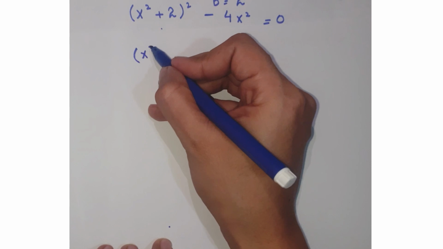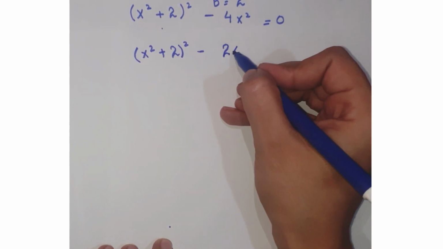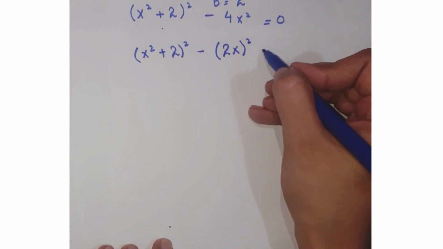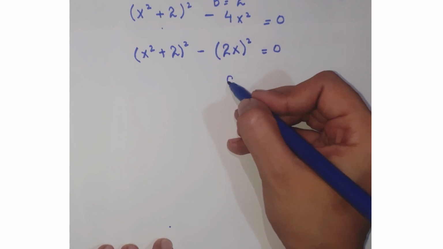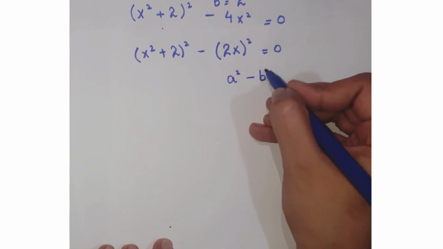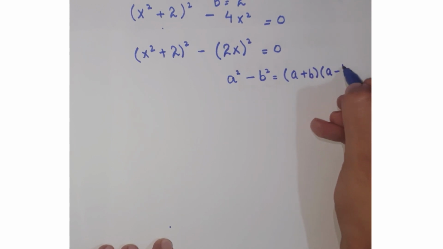Write it as x squared plus 2 whole square minus, and this can be written as 2x to the power 2, equivalent to 0. Now another algebraic identity that we can apply here is a squared minus b squared is equivalent to a plus b into a minus b.